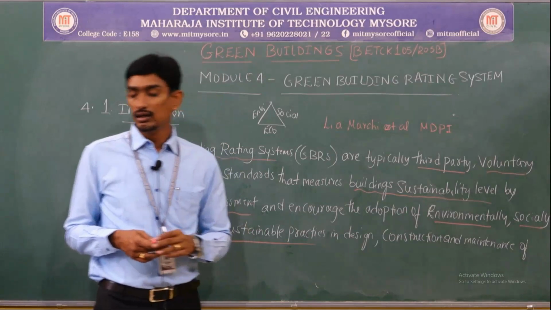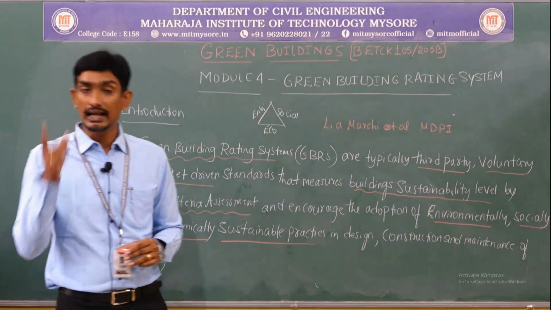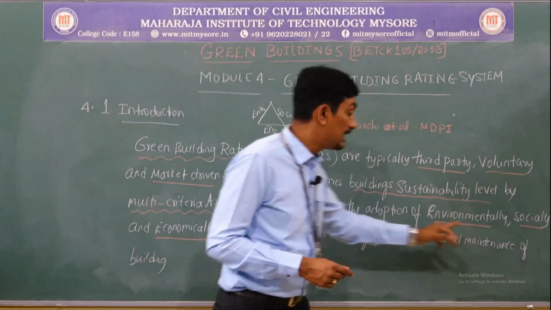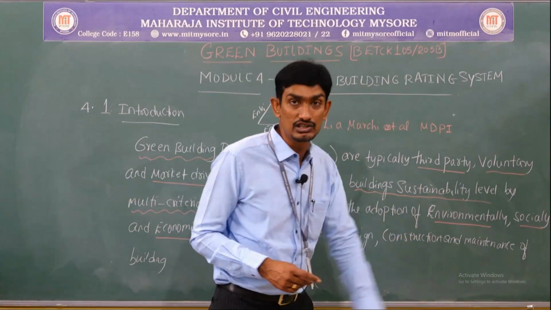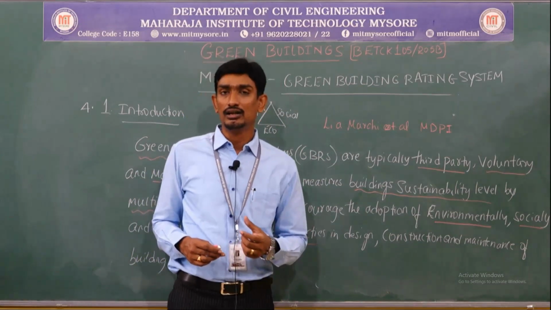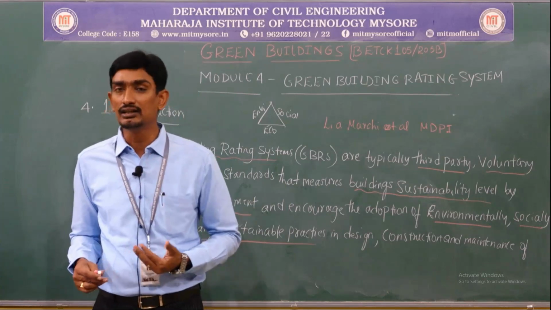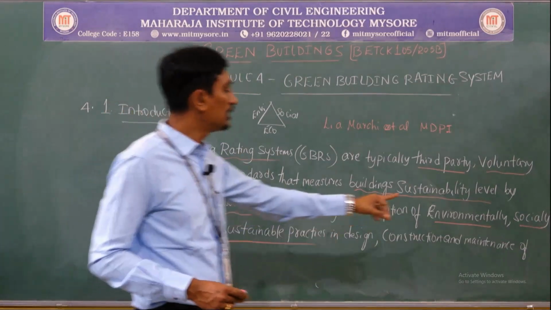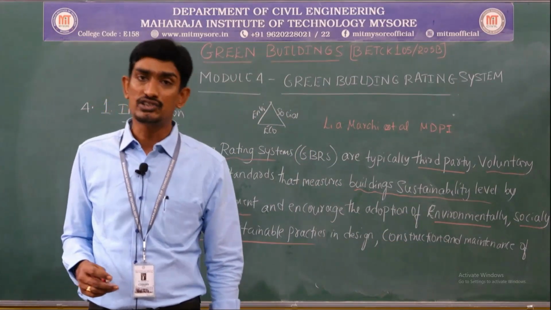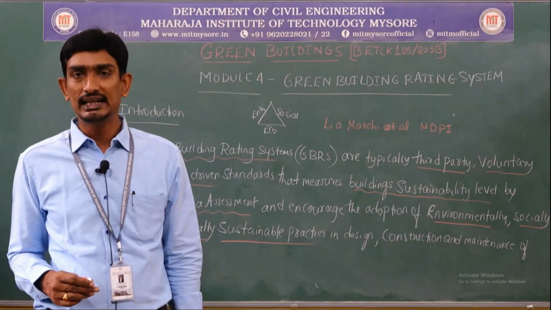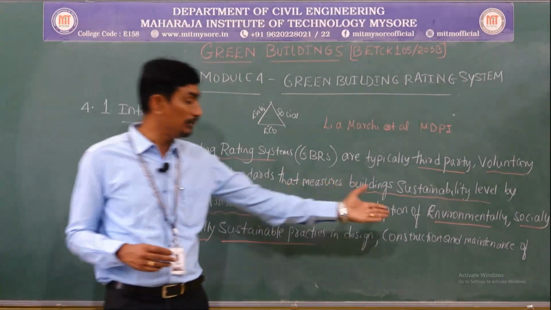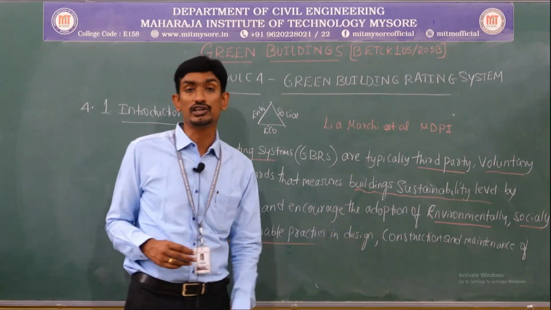See, we are consuming more energy in the building during the maintenance rather than during design and construction. This is a very interesting scenario. I can quote 70% in maintenance and 30% in construction.